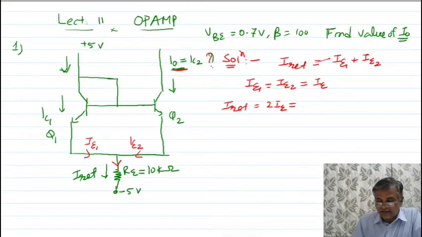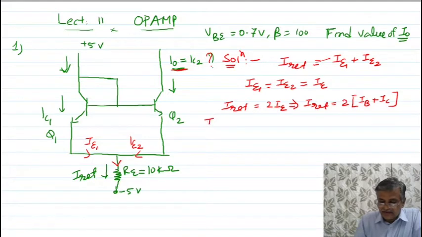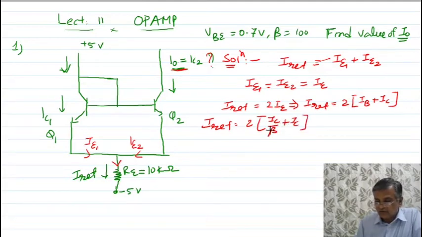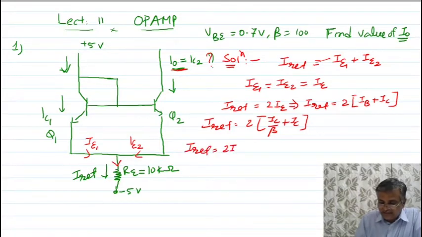So you can write I reference is equal to 2 into base current plus collector current, or I can write I reference is equal to 2 into collector current upon beta plus IC, or you can write again I reference is equal to 2IC into 1 upon beta plus 1.